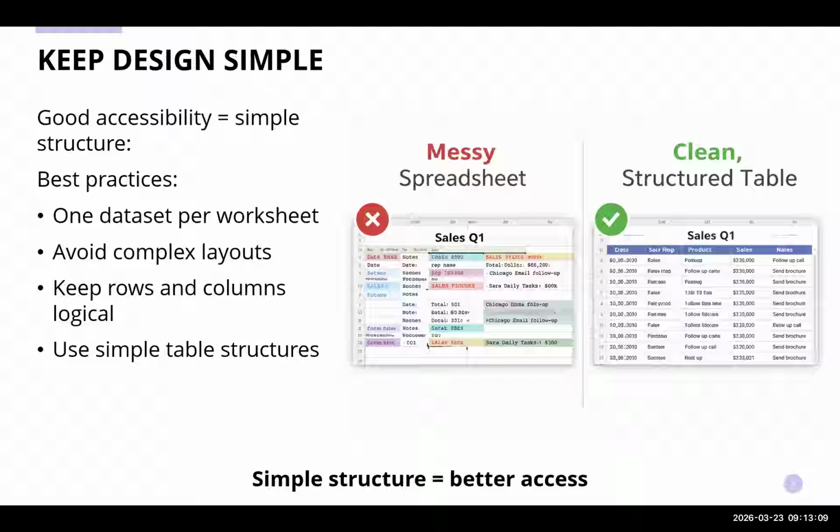Use simple table structure, nothing overly complicated, just clear, organized data. At the end of the day, accessibility is not about making it look fancy. Along with making it visually appealing, it is about making things easy to understand. So whenever you are unsure, come back to this idea. Simple structure leads to better access for everyone. Next slide, please.